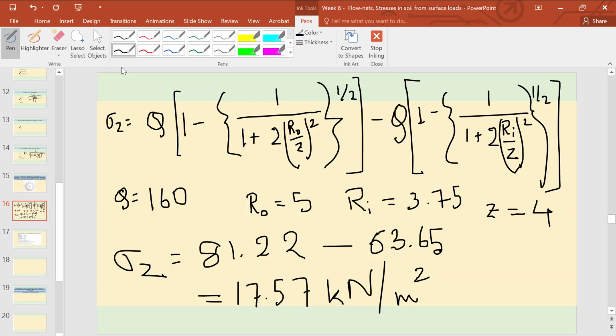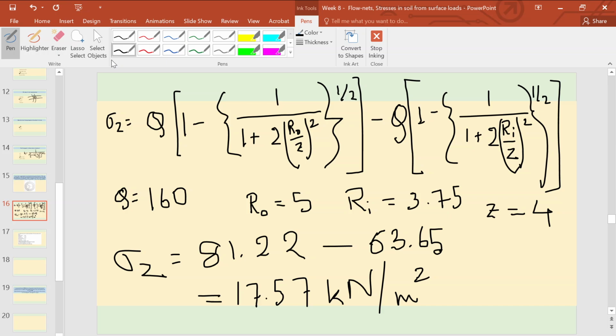This entire thing, the 1 minus the entire thing, can be considered as the influence factor over here, even though there is no z square being taken. It can be taken as the influence factor based on the Westergaard analysis.